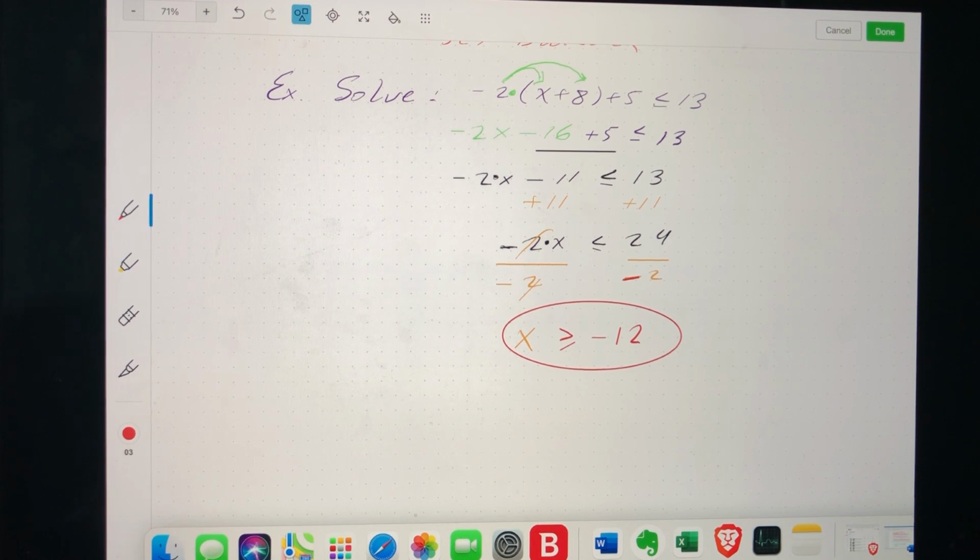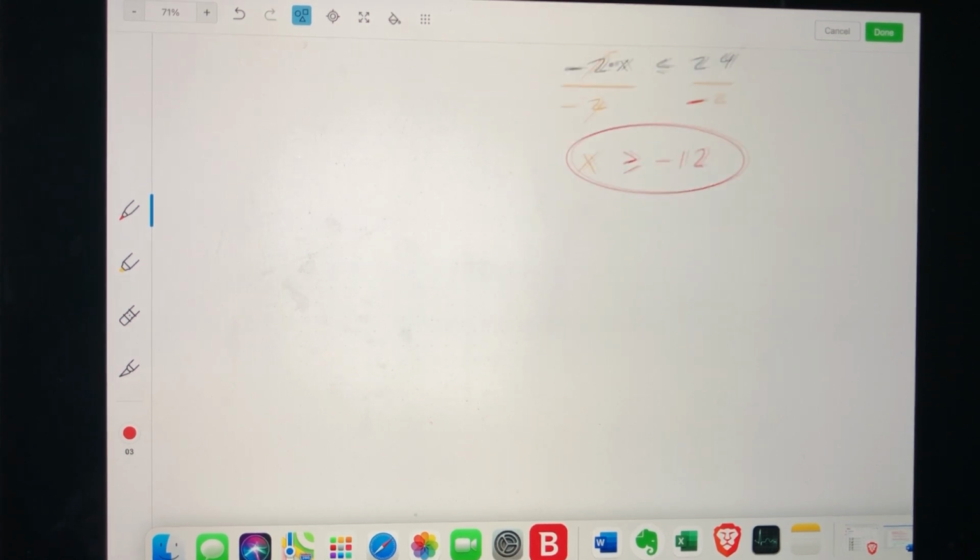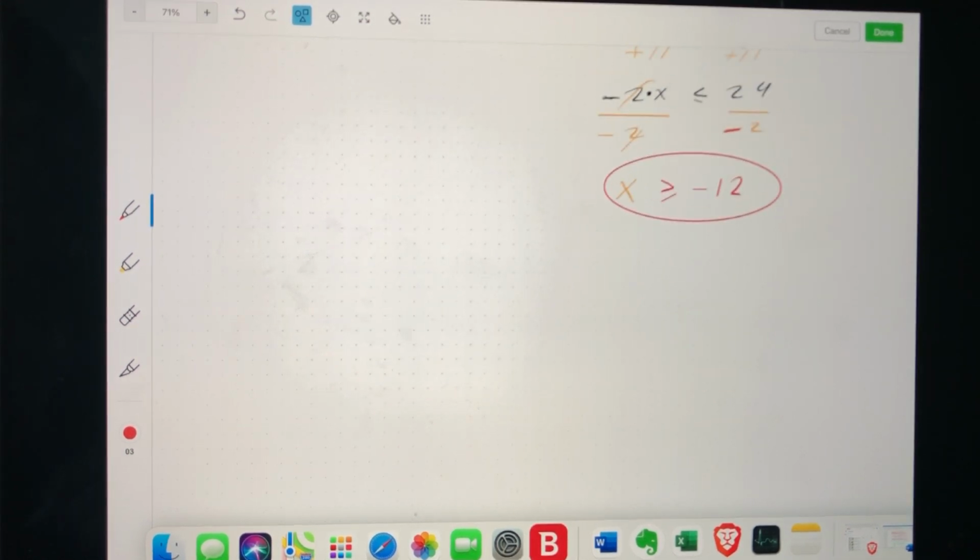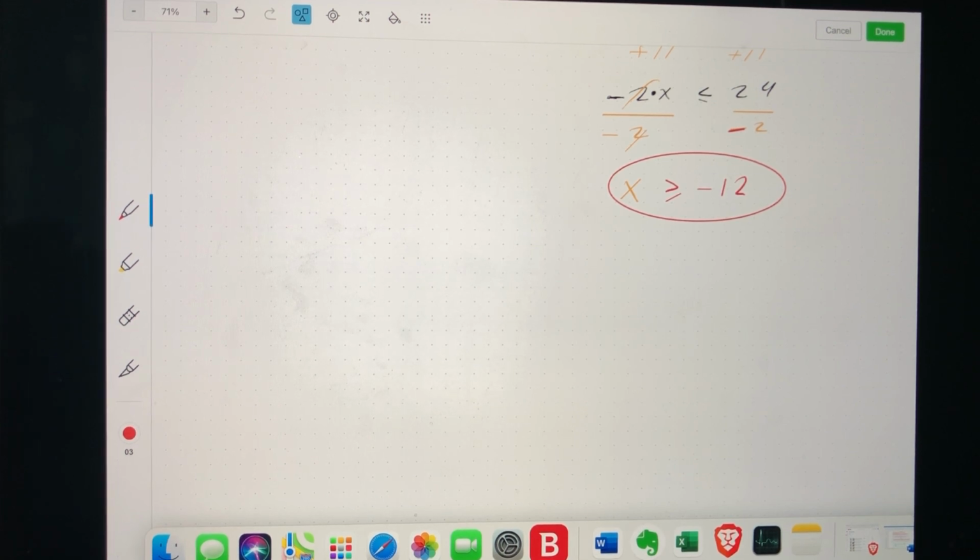Now let's talk about how to write it. In the interval notation, we write where the interval begins, where our answer begins, comma, to where the answer ends.